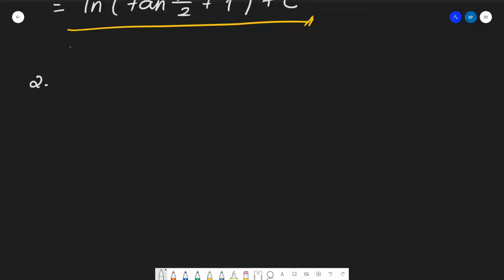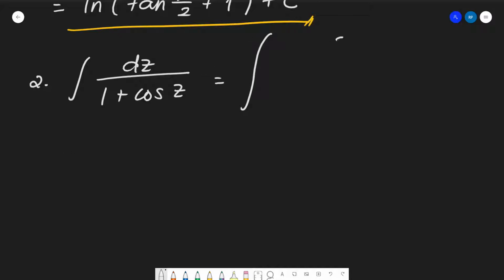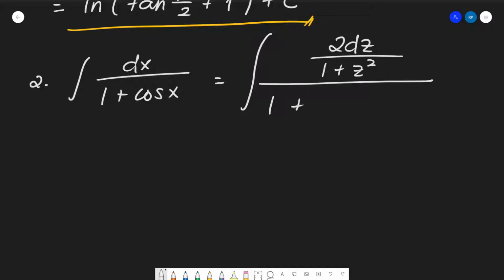We are asked to find the integral of dx over 1 plus cosine x. Okay, this is what we are asked to find. Again, we just substitute: 2dz over 1 plus z squared, over 1 plus 1 minus z squared over 1 plus z squared.